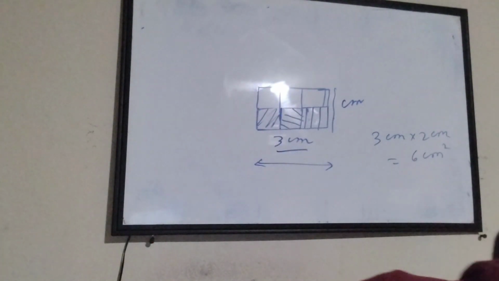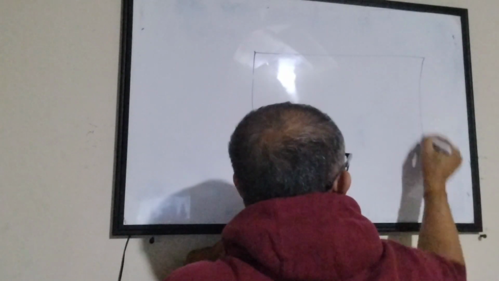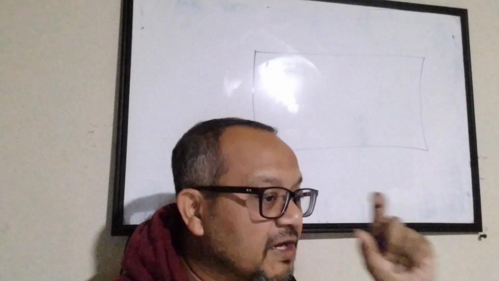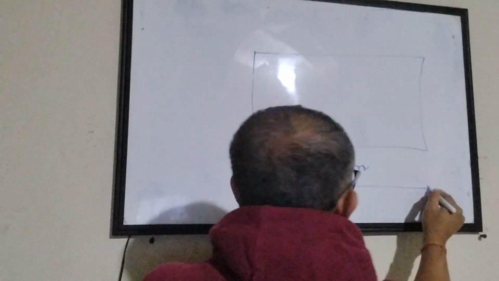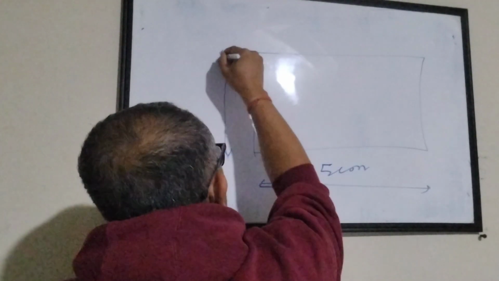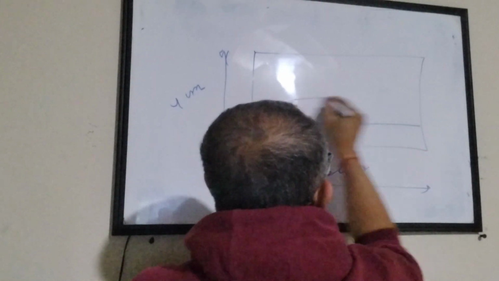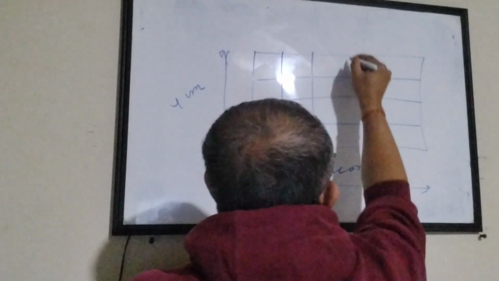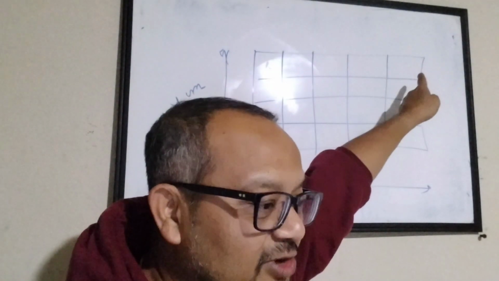So basically, the area of a rectangle is nothing but you break it down into how many squares of single unit are there. If I say 5 centimeters length and 4 centimeters width, you can visualize this as a shape which breaks down into 20 centimeter squares.